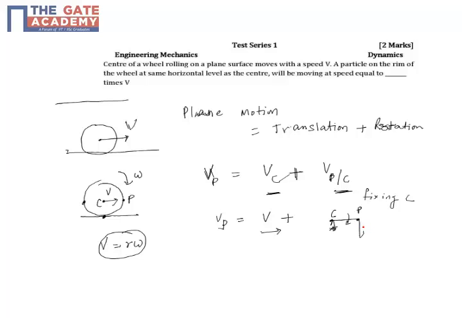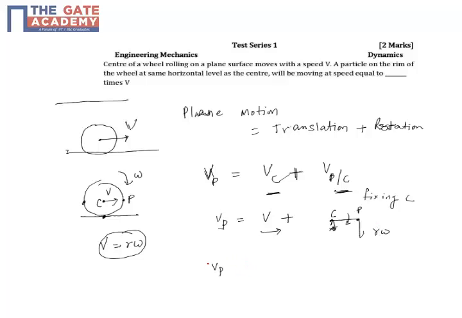For any body in fixed axis rotation about its center, the velocity at the rim is r omega. It comes out because s is r theta, and you differentiate that, you get v is equal to r theta dot. Now this is a vector summation.